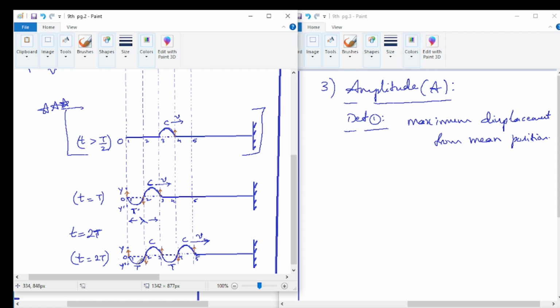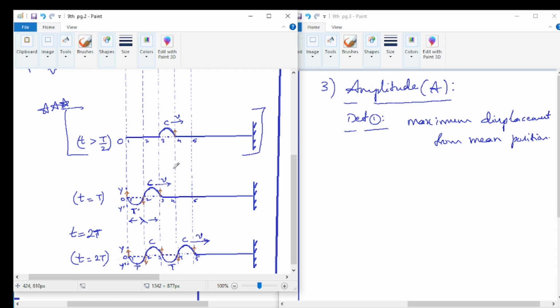Earlier, when the wave was not present here, the string was completely straight from here to here, and all the particles were at their mean positions. Once the trough got formed here, this particle at the center of the trough, which earlier was at the mean position with displacement 0, has now reached the extreme position down. So its displacement is maximum. That is the amplitude here, but in the downward direction.